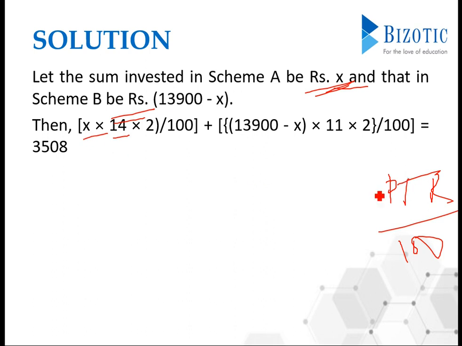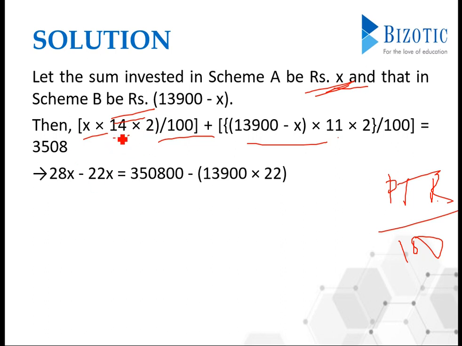X is the principal amount, R is the rate of interest 14 in first case, and T is the time period 2 years divided by 100. PTR, PRT, RTP, everything is same, divided by 100 plus the second term 13,900 minus X into rate of interest 11 into 2 divided by 100 is equal to 3508, because they have given us the simple interest earned.